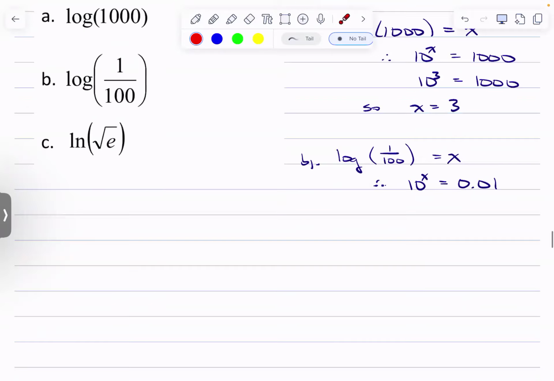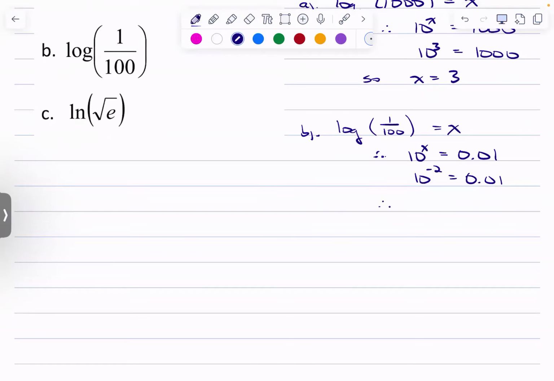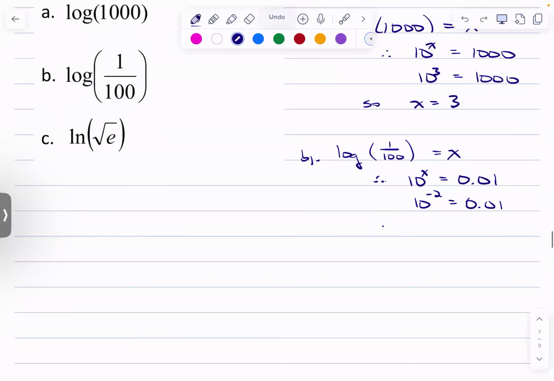So x is 10 to the -2, which is 0.01. Try it: 10 to the -2 is 1 over 100. Therefore, x must be -2.